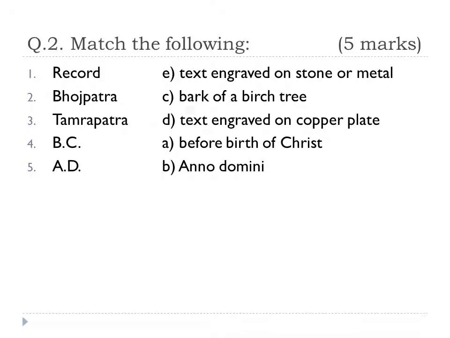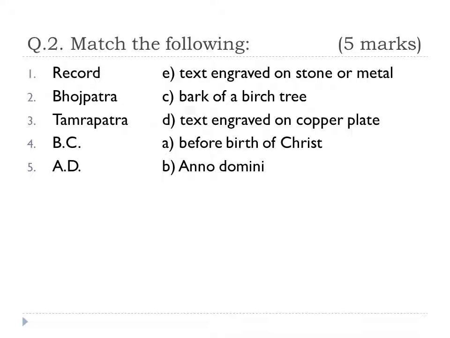Question 1 is over. Let's see what kind of things we'll be having for match the following. Students, I hope you remember how you have to write match the following. Here I've directly given the answers in front of the questions. Make sure you follow the same format. Question 1, record.